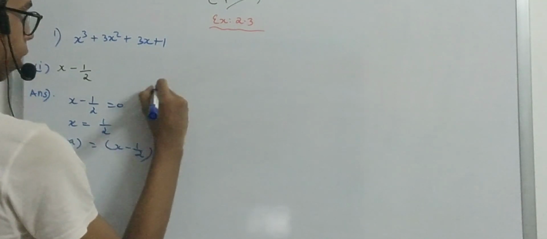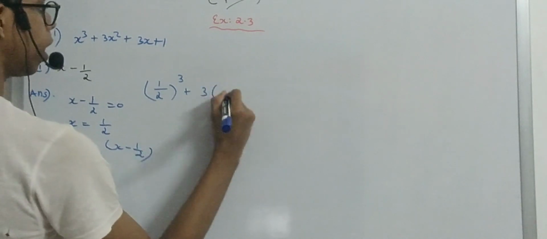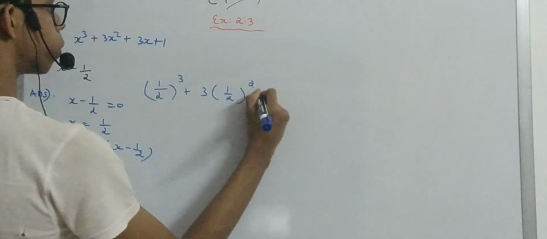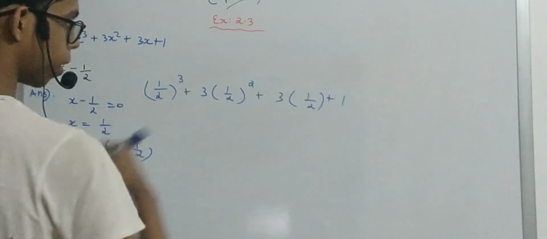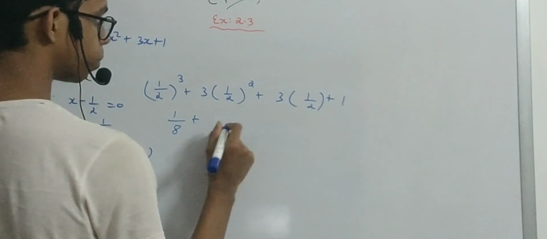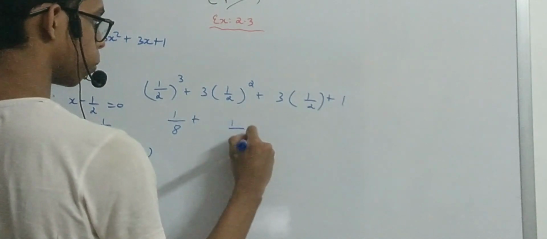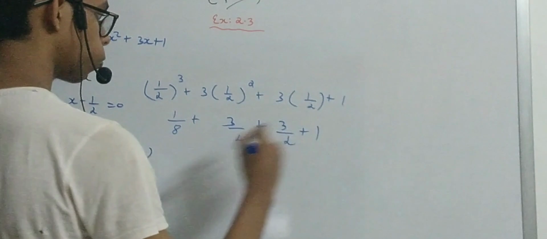So we will be getting 1 by 2 the whole cube plus 3 into 1 by 2 the whole square plus 3 into 1 by 2 plus 1. Okay, so when we do, we will be getting 1 by 8. You will be getting 1 by 4 over here. Multiply 3 plus 3 by 2 plus 1.